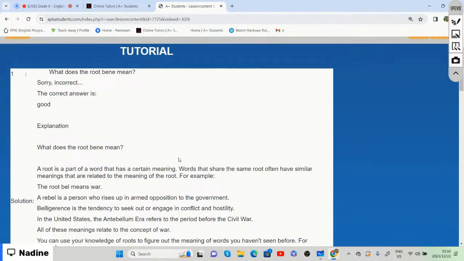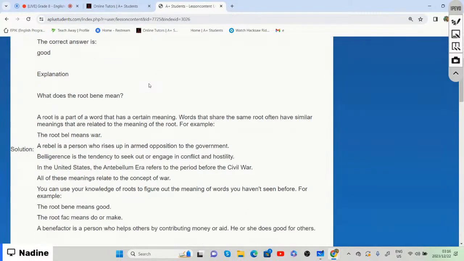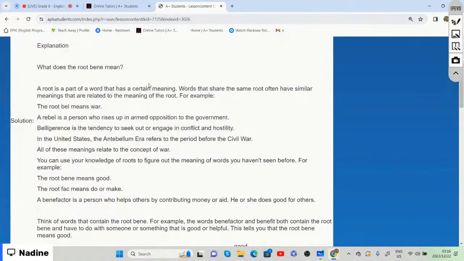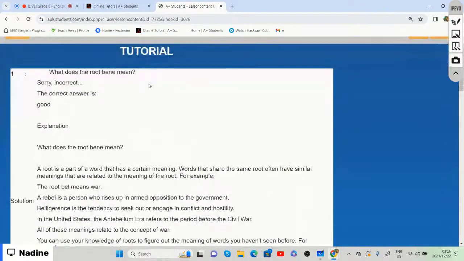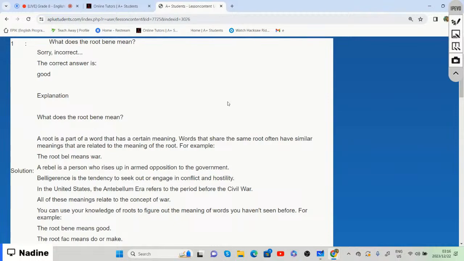Okay, so now what does the root bena mean?